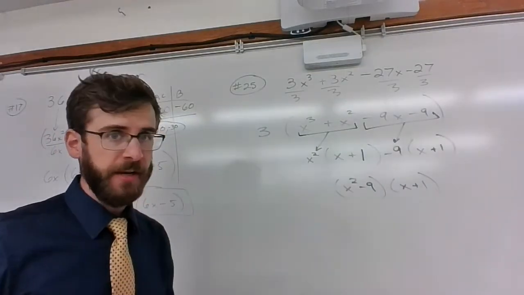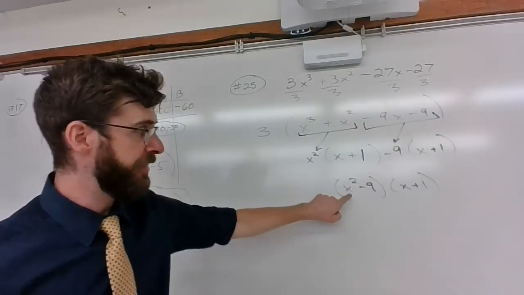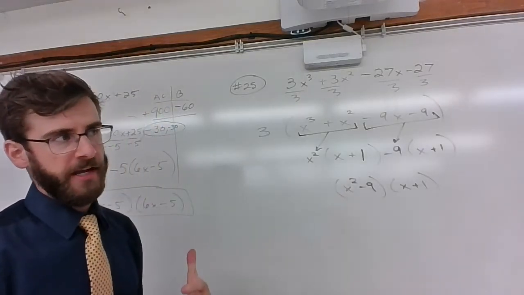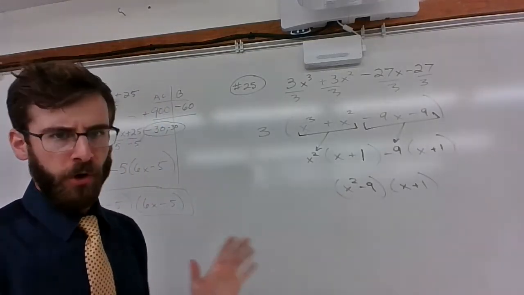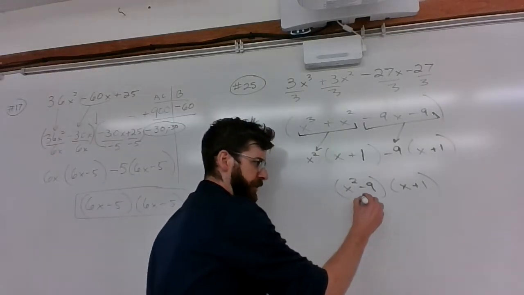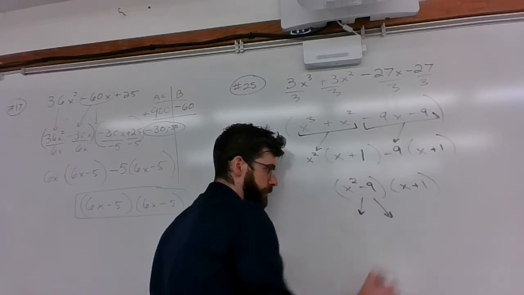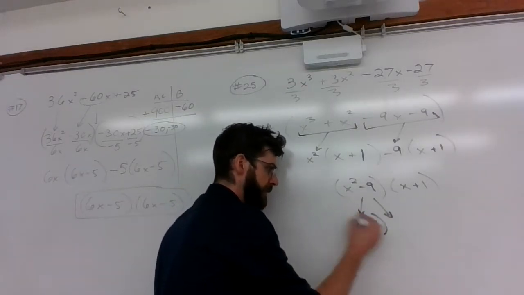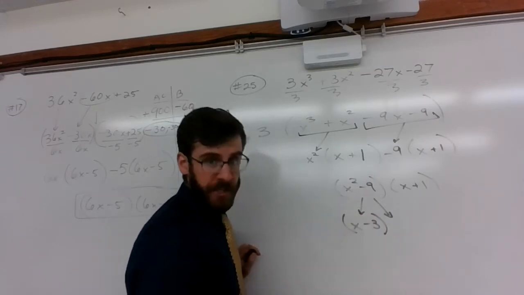We were just talking about difference of squares factoring. This is a difference of squares. So it doesn't just work in the way of moving forward like when you multiply, but when you're trying to factor, make sure you're taking into account that this factors down to x minus 3 times x plus 3.